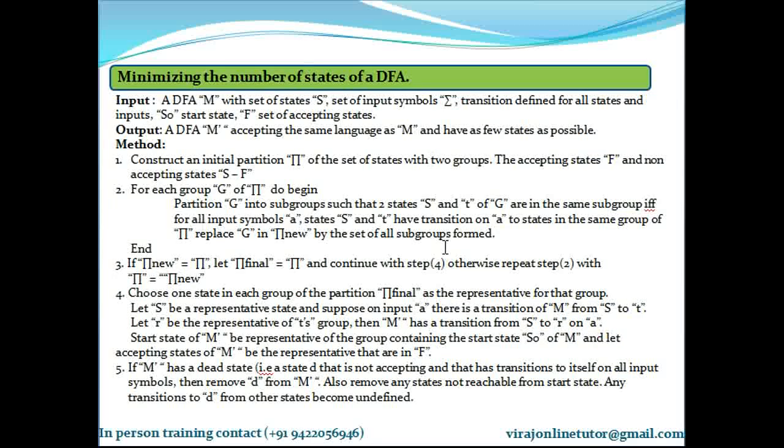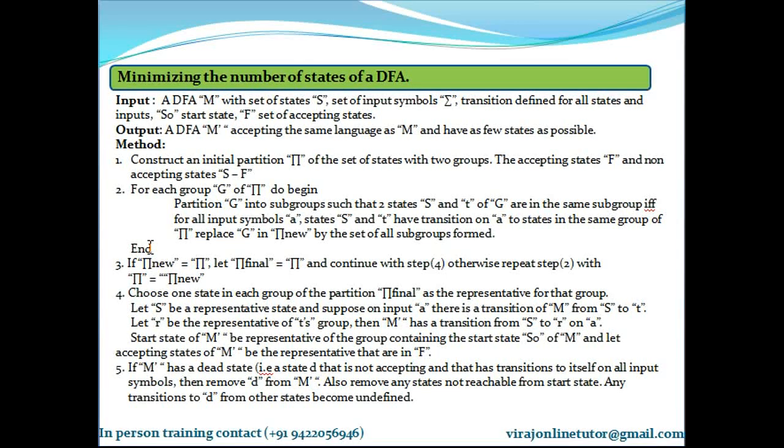So let's try to see the theory part of it. For each subgroup G of that pi partition, what to do? Partition G into subgroups such that two states S and T of G are in the same subgroup if and only if, for all input symbols a, states S and T have transitions on a to states in the same subgroup of pi.